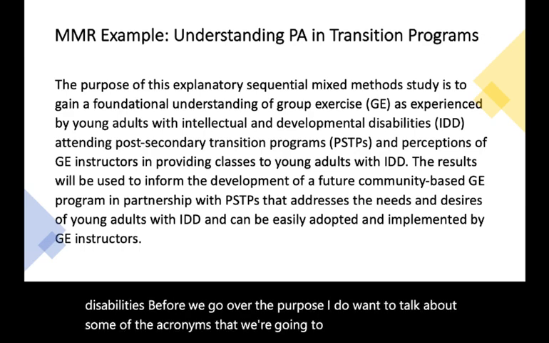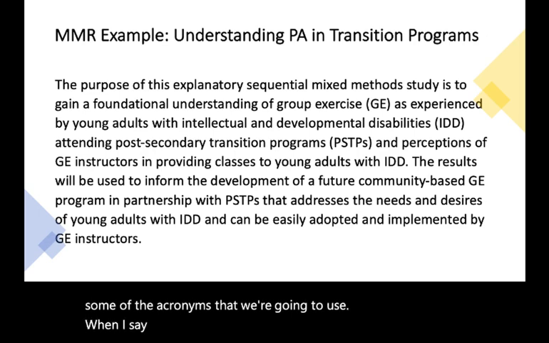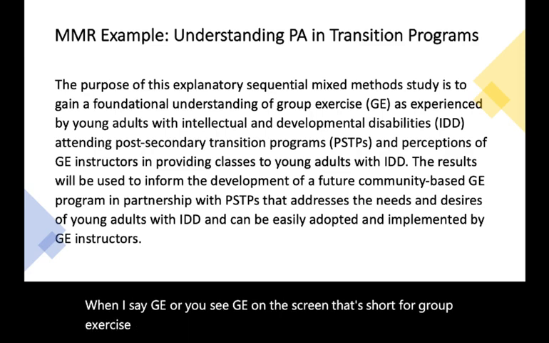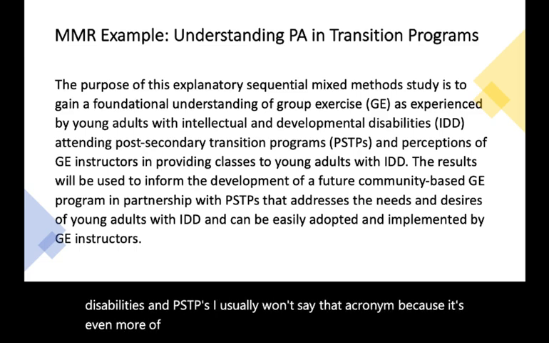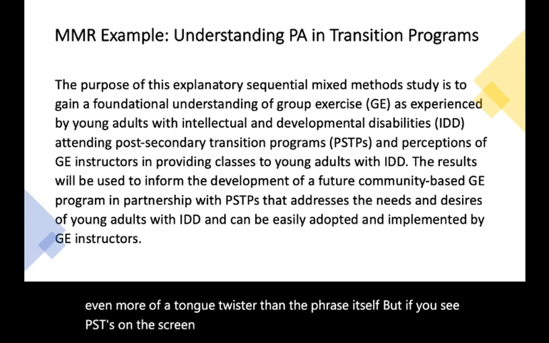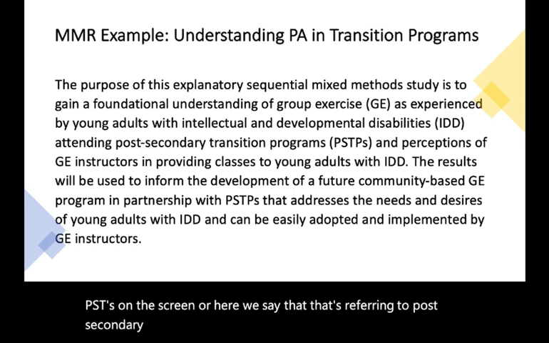When I say GE, or you see GE on the screen, that's short for group exercise. IDD is going to be short for intellectual and developmental disabilities. And PSTPs, I usually won't say that acronym because it's even more of a tongue twister than the phrase itself. But if you see PSTPs on the screen or hear me say that, that's referring to post-secondary transition programs.